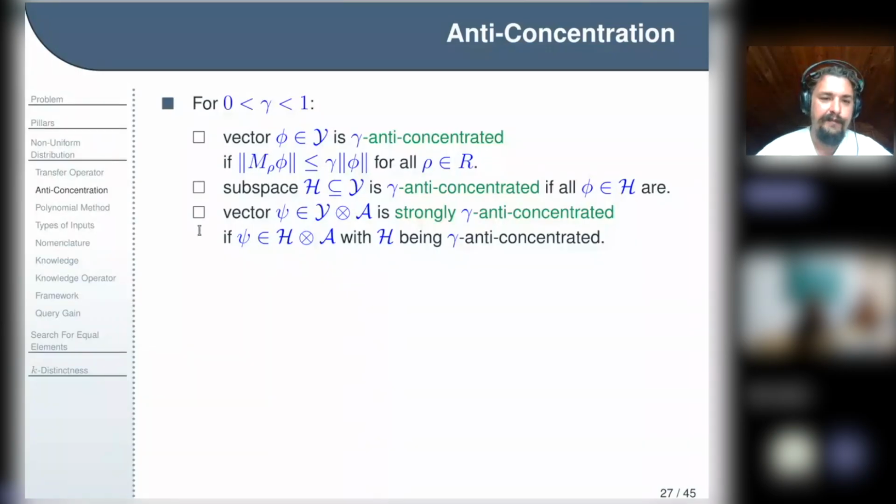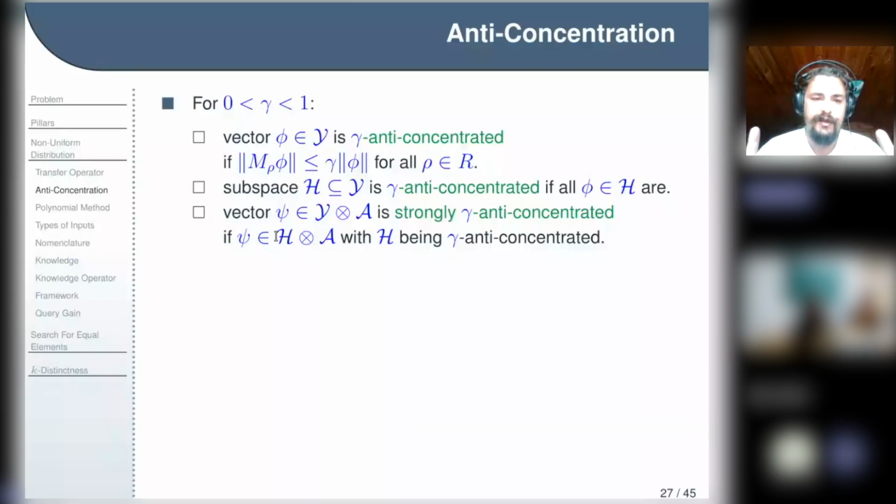Another thing is that a vector psi in gamma times a, where a is again the space of the algorithm, but can be any other space, is strongly gamma anti-concentrated if psi belongs to some h times a. So I can take a subspace h of y, and psi still lives in this subspace, and h is anti-concentrated, so it consists of anti-concentrated vectors. So this is a technical thing I need.